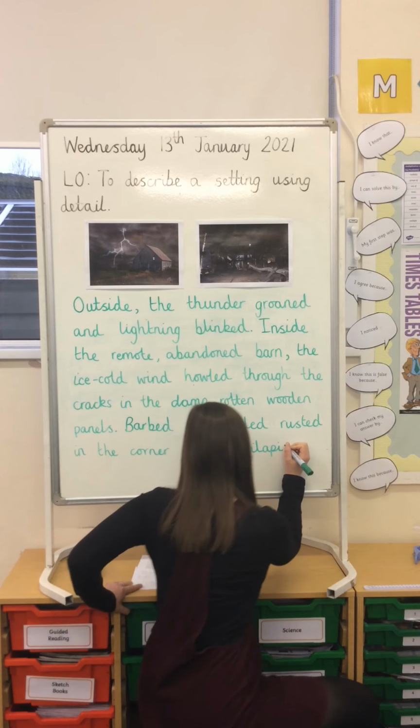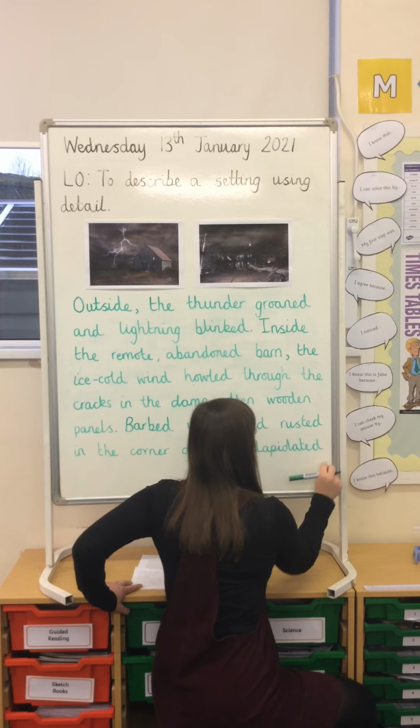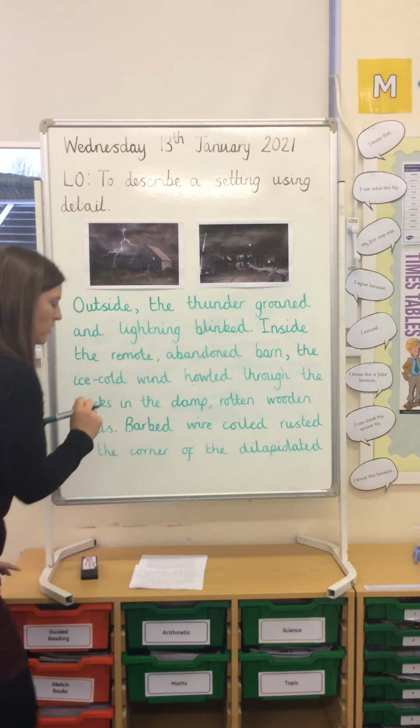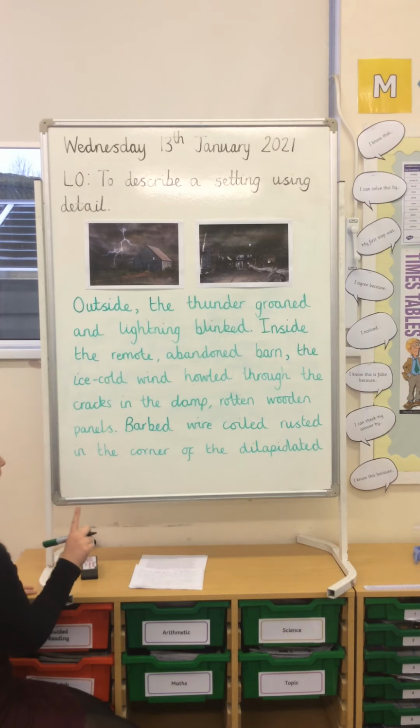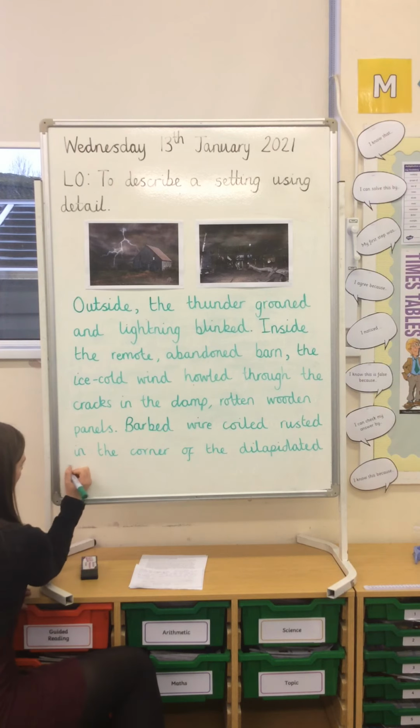I want to use that word. I'm challenging myself with a word that maybe I don't use a lot. So, barbed wire coiled, rusted in the corner of the dilapidated barn.